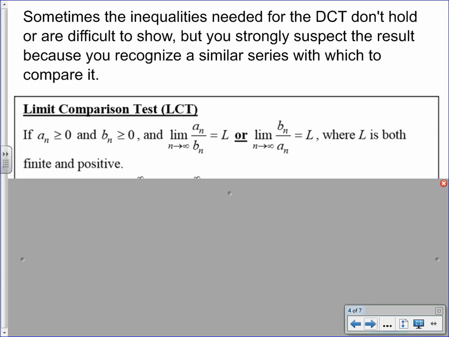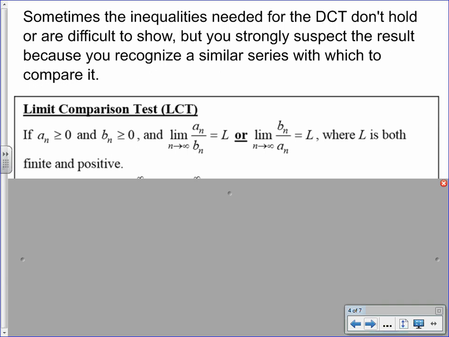Zero is not positive. So if one of them is a zero, then it doesn't work.